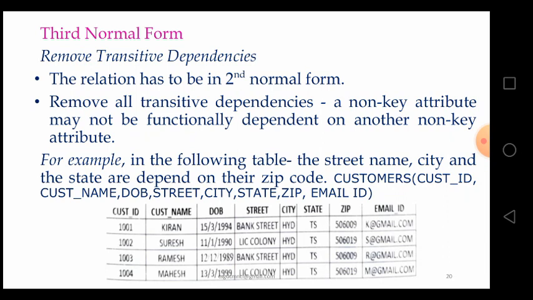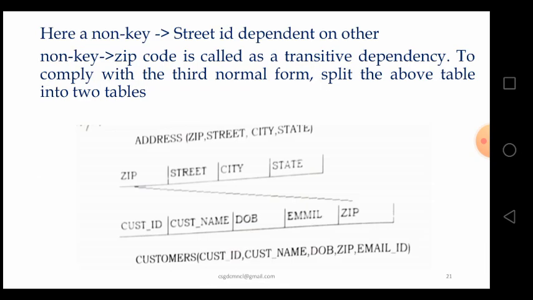The customer ID is the primary key. Here the non-key street, city and state depend on another non-key, zip code, which is called a transitive dependency.